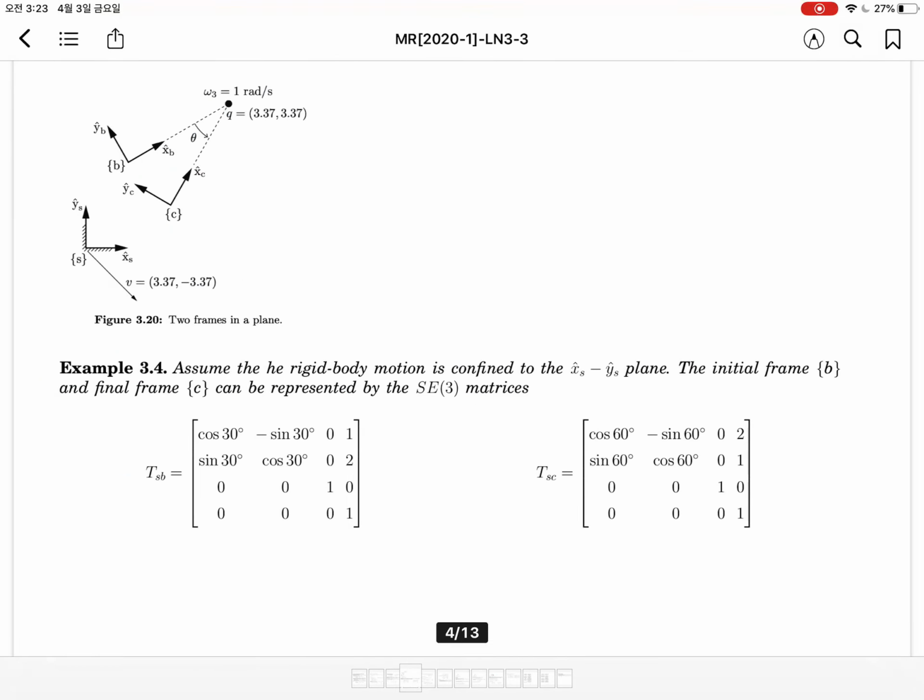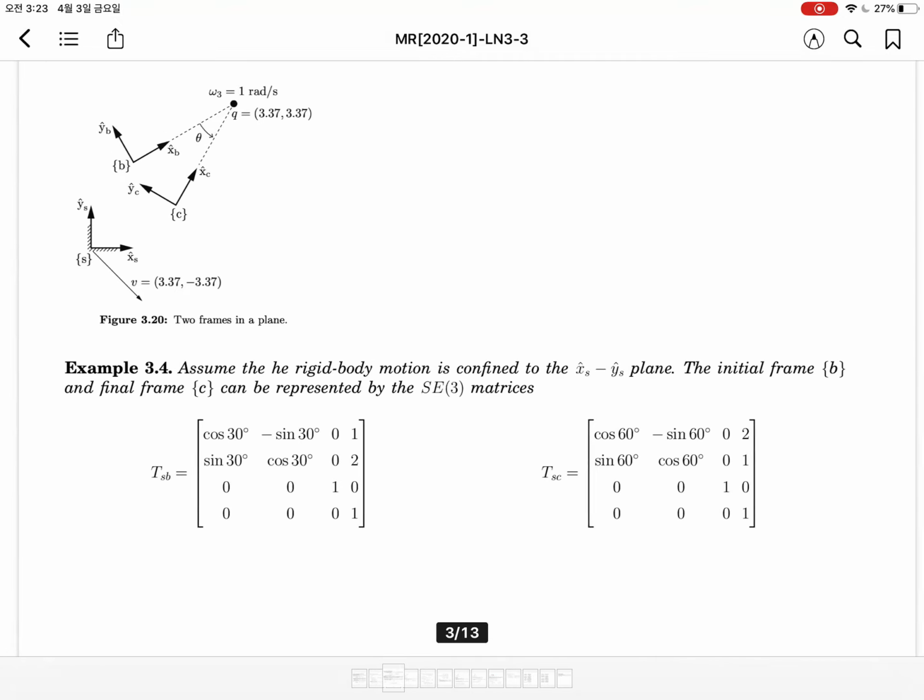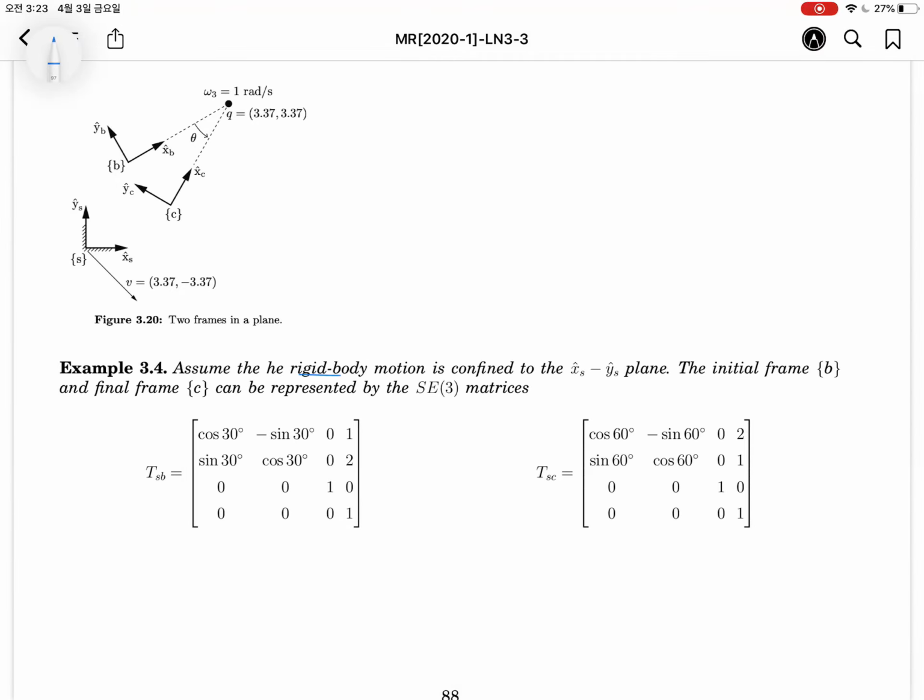Okay, let's take example 3.4. Assume that the rigid body motion is confined to the xy plane. The initial plane is B and the final plane is C. It can be represented by the SE(3) matrix. Let's take the fixed frame, and the initial plane is here.